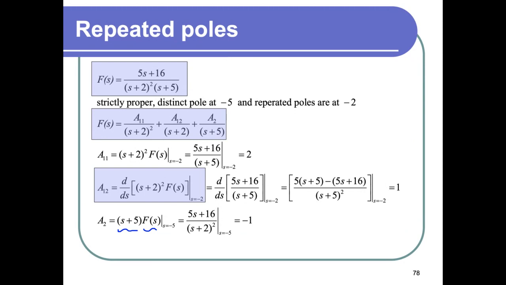The very first one, right? Yes. For A12, you take the derivative, and then you evaluate at s equals minus 2. Then A2 is business as usual, so you multiply by s plus 5 and then evaluate at minus 5. Okay, thank you. No problem.